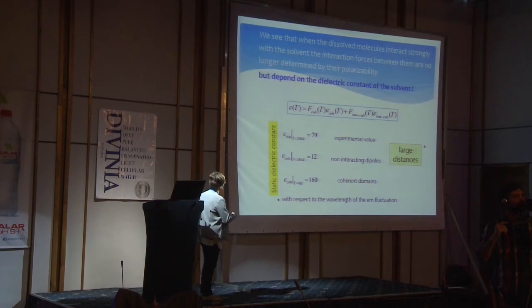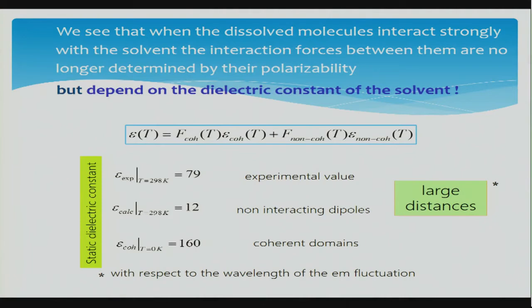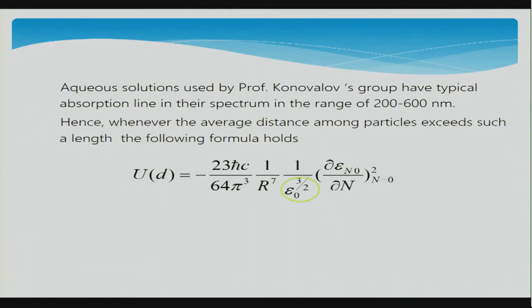We can see that this is the experimental value of the electric constant. This is the calculated value for non-interacting dipoles, and this is the calculated value for the coherence domain. So, a very big difference. At this point, if we put these values in the formula, we see that this is the energy, and the energy of the interaction goes as an inverse power of the electric constant.